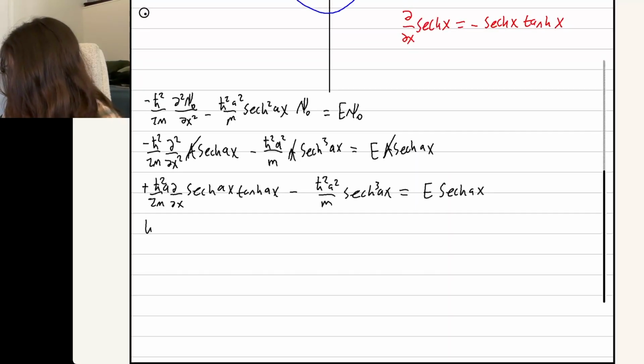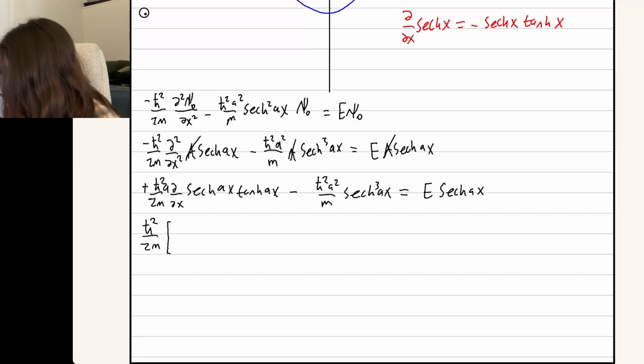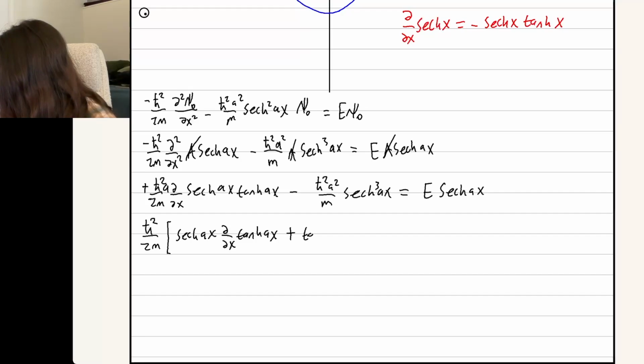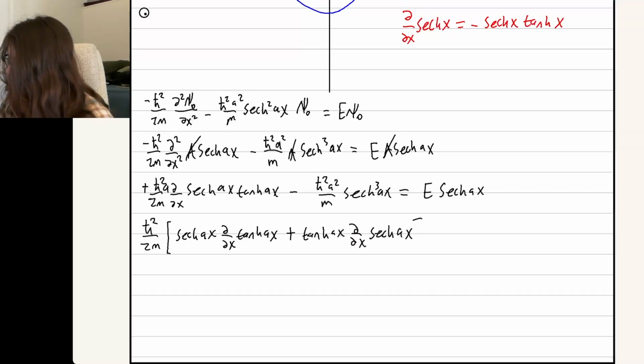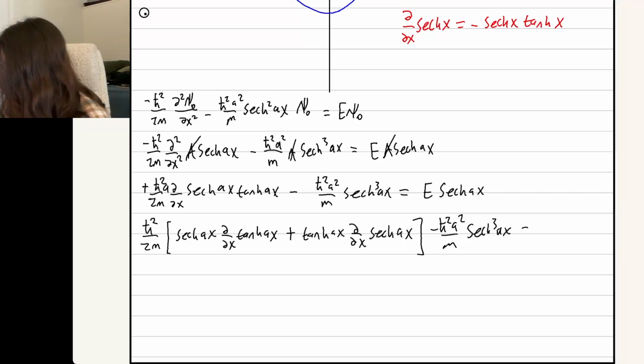So doing the second derivative, splitting it up, we've got sech ax times the derivative with respect to x of tanh ax plus tanh ax times the derivative of sech ax, and then the potential term equals the right hand side.